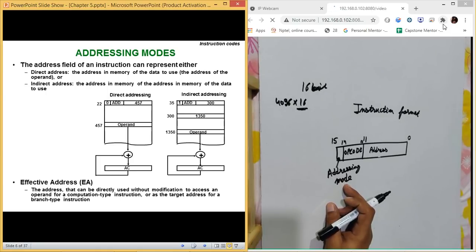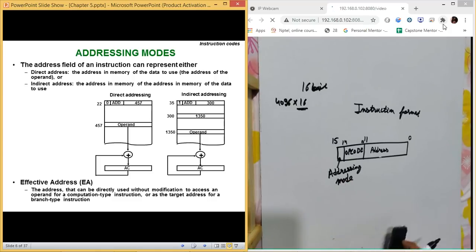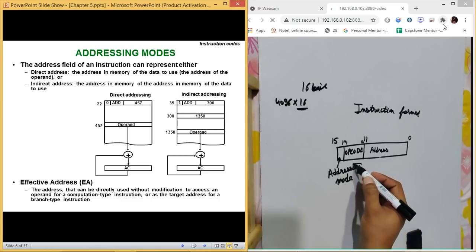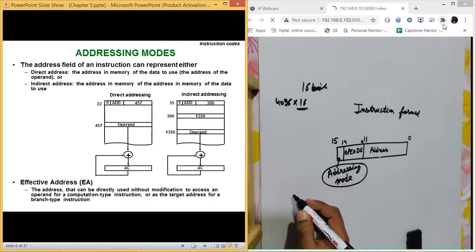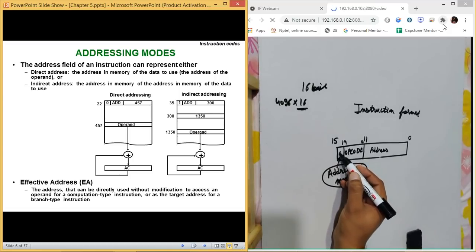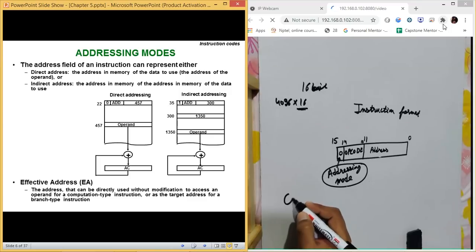Now we have an example here, so we will talk about that. Let us first address this part. What is an addressing mode? There are two types of addressing modes: one is direct, the second is indirect. If the value at this place is 0, it is a direct address.